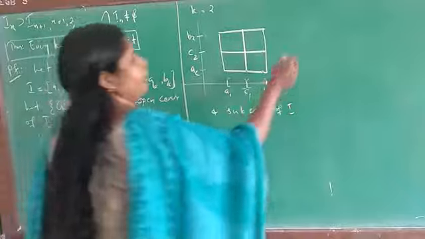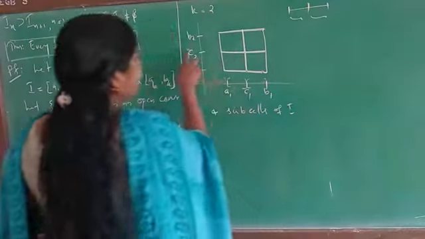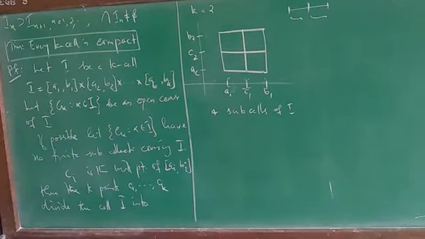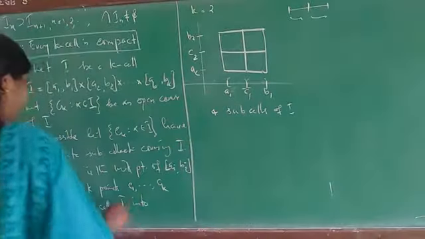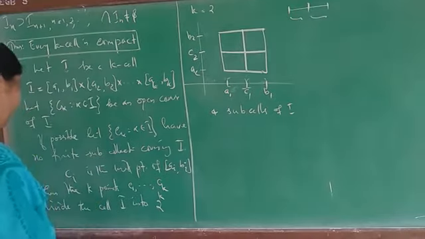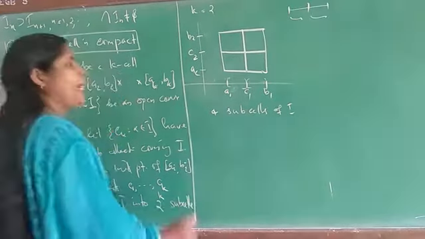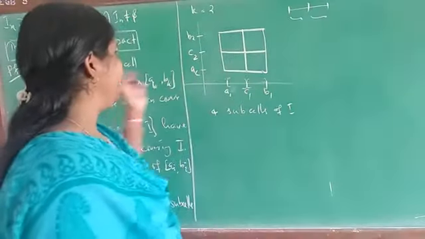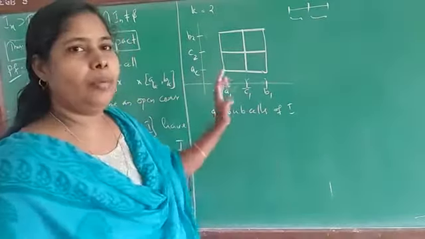In the one-dimensional case you get just 2 subcells. In the two-dimensional case you get 4 subcells, and in the three-dimensional case you get 8 subcells. In general, you can see that the cell is divided into 2 raised to k subcells. Okay, so we find the subcells which are obtained by dividing the cell along the midpoints of the component intervals.